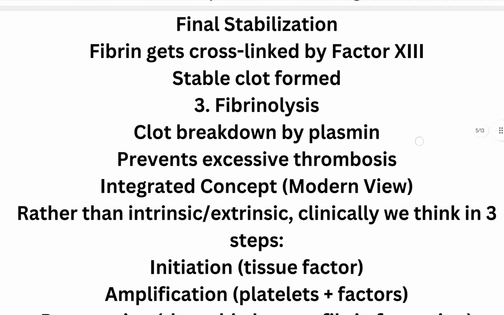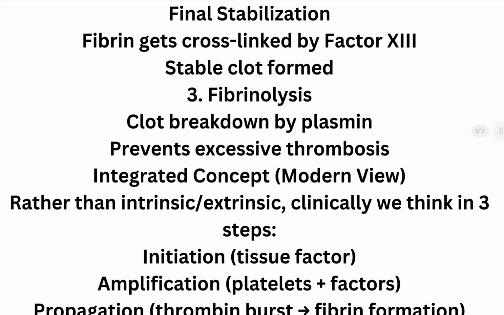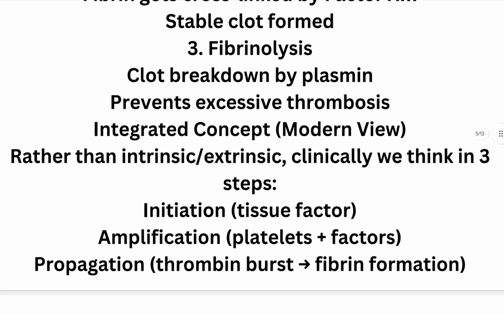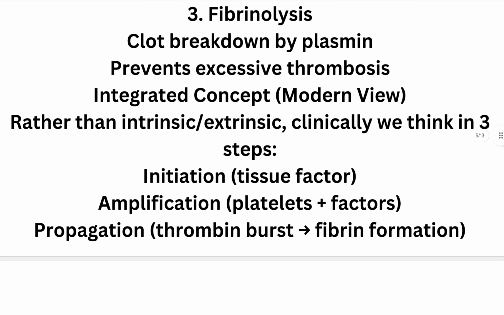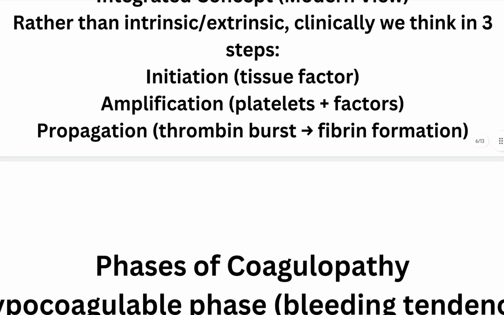So this is the classical coagulation cascade, but according to the modern view there is no intrinsic or extrinsic pathway. Clinically we think in three steps: initiation because of tissue factor, amplification because of platelets and our coagulation factors, and propagation because of thrombus and fibrin formation.